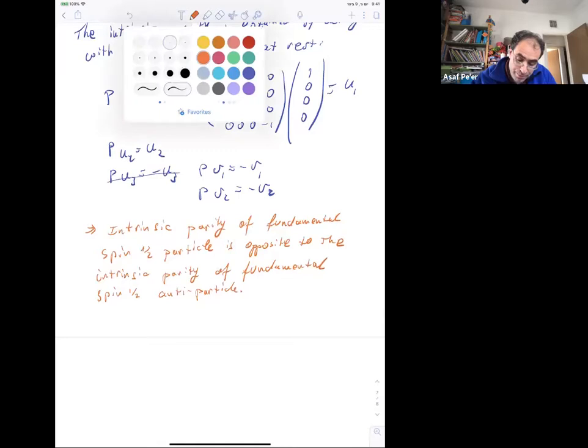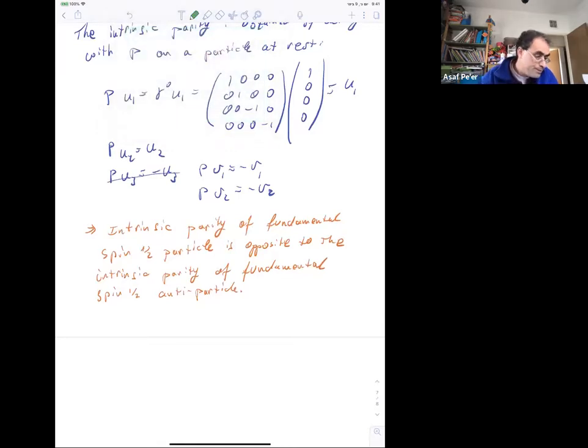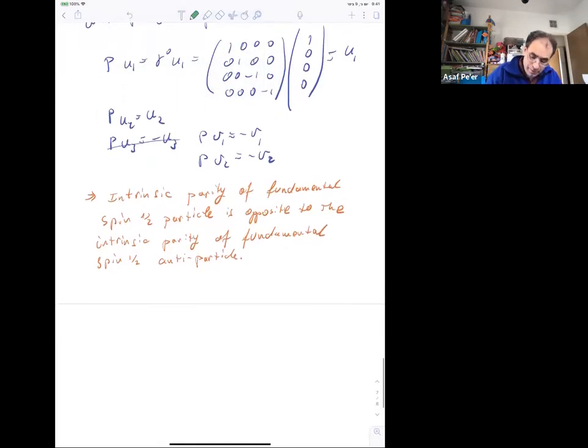Which is quite cool. For example, since parity is a multiplicative operator, if we have a system composed of 2 particles or n particles, we must multiply the intrinsic parities.